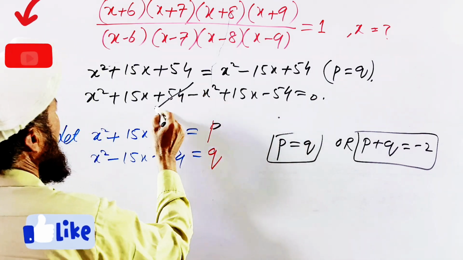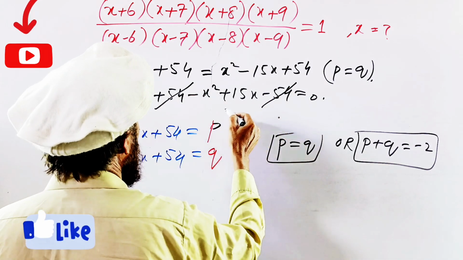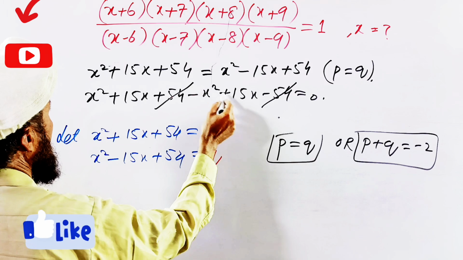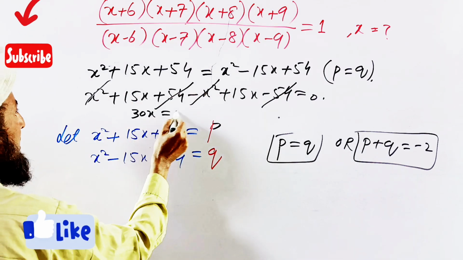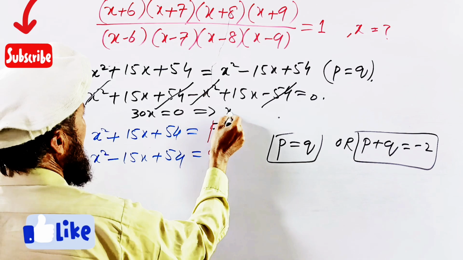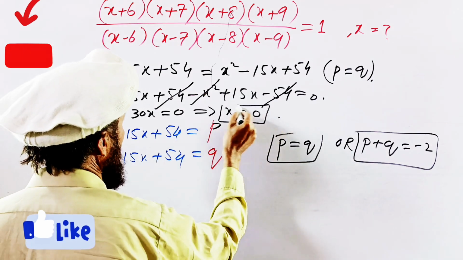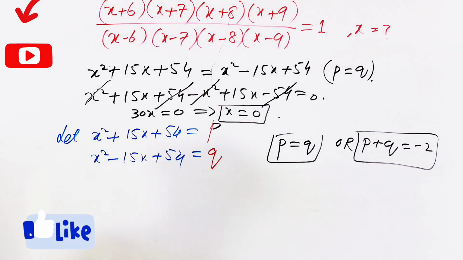Minus 54 plus 54 cancel, and x square also cancels, and we get 30x is equal to 0, and x is equal to 0 is one of the solutions.